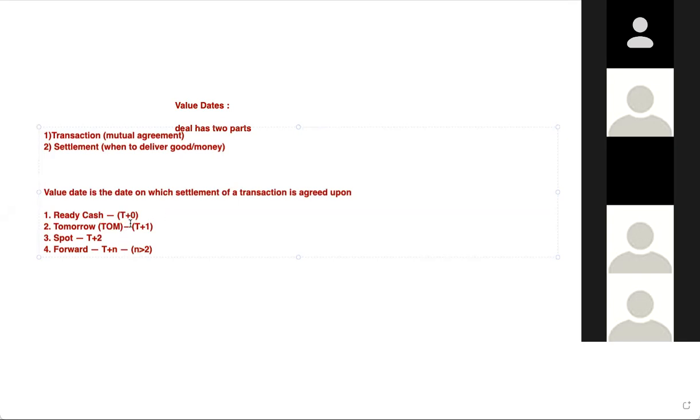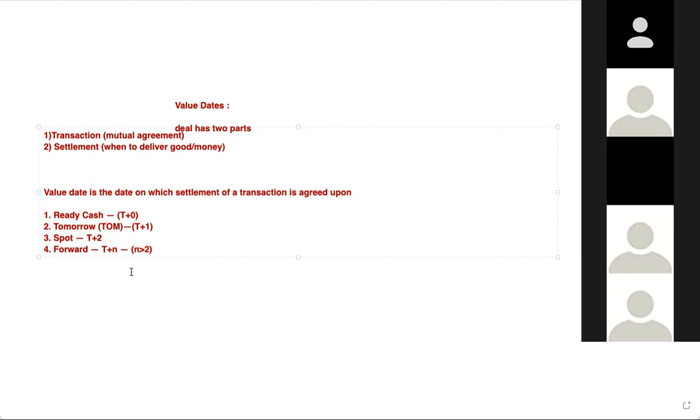Tomorrow is T+1, transaction plus the very next day, very next working day, I would say. Spot is T+2, transaction plus 2 working days. Monday transaction takes place. Tuesday, Wednesday, you have to settle the deal. Forward is T+N. You agree upon this date. Say 19 days from today. So that is agreed upon, right?